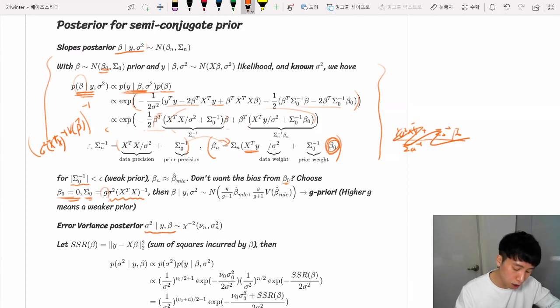Then this beta posterior would follow this one, which is very similar to the MLE.